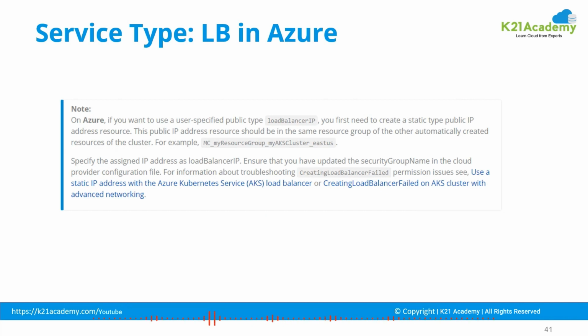Now, if you're defining a service type of load balancer in Azure, make sure that you have a load balancer already created. It could be a public load balancer or a private load balancer. Public load balancer means it's exposed onto the internet and you can access it from the internet. Private load balancer is accessible within the Azure network only.